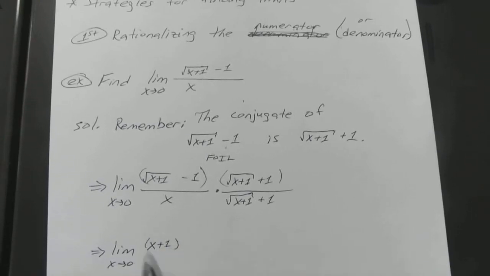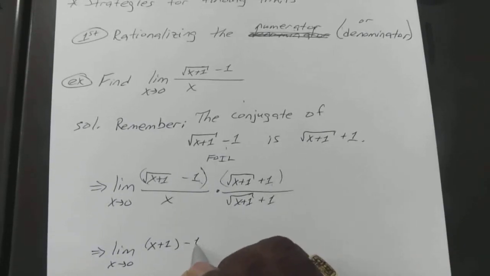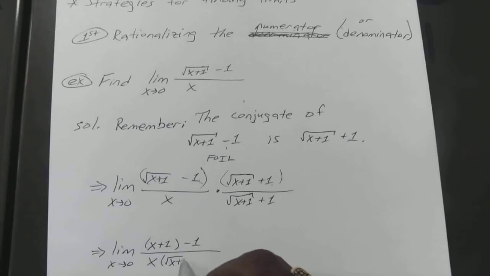Then your outer is plus square root of x plus 1, and your inner is minus square root of x plus 1, so those cancel each other out. And then your last is negative 1 squared, which is negative 1, over x times square root of x plus 1 plus 1.